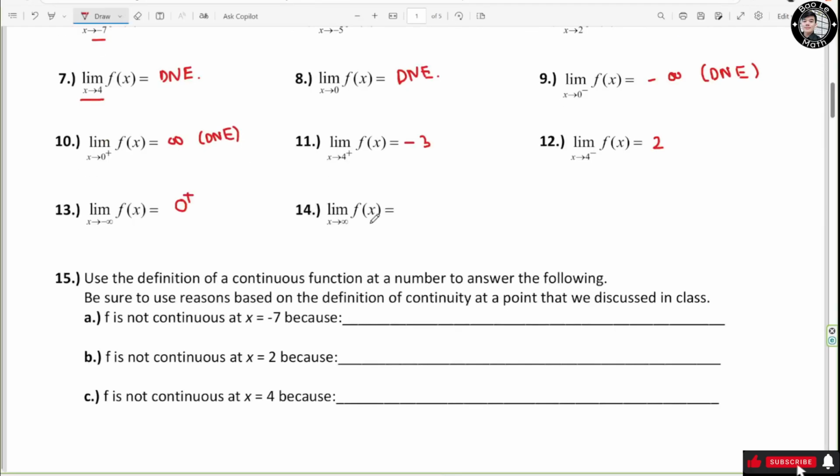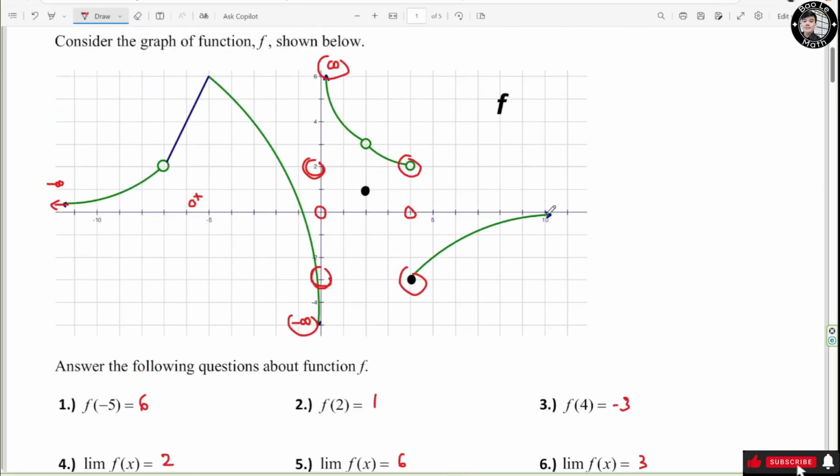Question 14, limit of f of s when s approaches positive infinity, it could be right here, right? The function is always below the x-axis. It's getting closer to the x-axis, right? So it should be 0 minus.